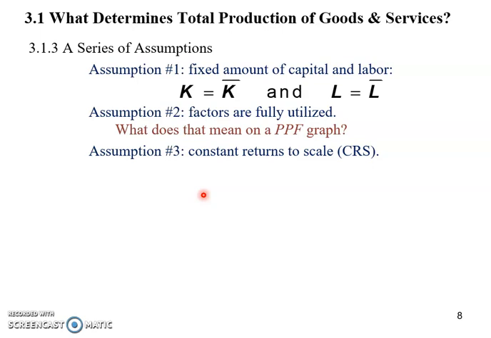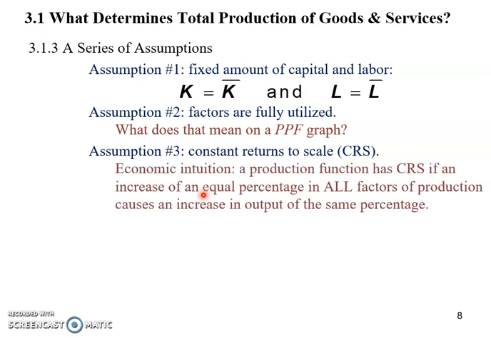We're going to assume that our production function follows constant returns to scale. Constant returns to scale, or CRS, means a production function has CRS if an increase of an equal percentage in all factors of production causes an increase in output of the same percentage. The easy way to understand this is to go with a 100% increase for everything.